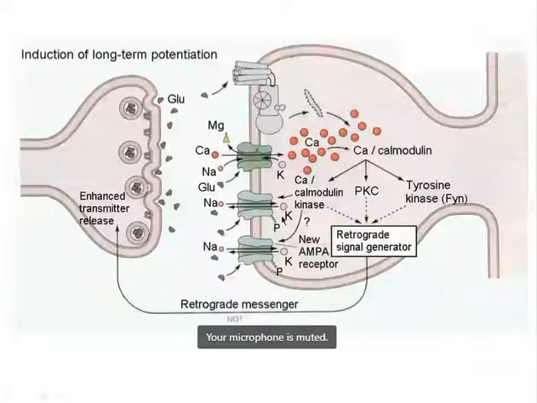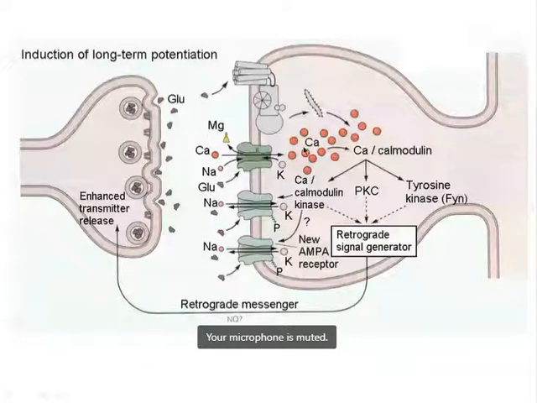When glutamate is attached, it is phosphorylated, the sodium enters, and the postsynaptic neuron becomes depolarized, and somehow new AMPA receptors are formed and attached. Number 1. Number 2, when the glutamate attaches to the NMDA receptor, the magnesium block opens, calcium and sodium enter.